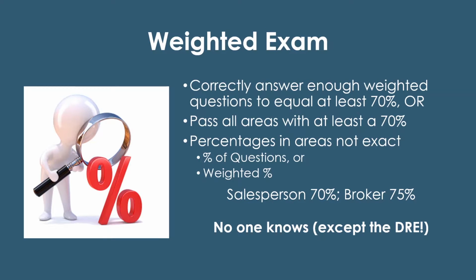Or there could be a lot more questions than 17%, or a lot less, but it could be worth a weighted 17%. So there might only be a few questions regarding agency, but it might weigh 17% of the exam, so they may be worth a lot more. If you don't do well in that area, you might fail the state exam just because of how it's weighted. So this exam is a challenging one.